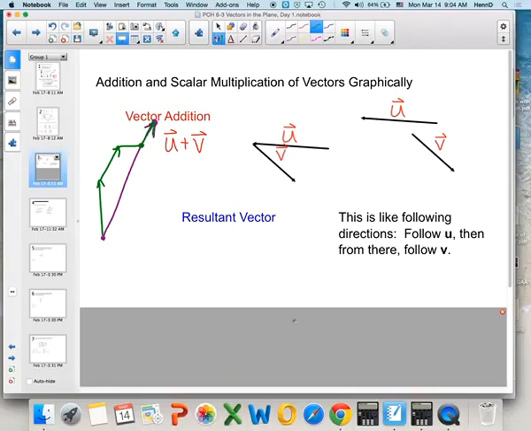What ends up happening is I get from my starting point to the desired endpoint, but I had to add a few vectors together. That's really what vector addition is. It's looking at the result of different vectors working together.